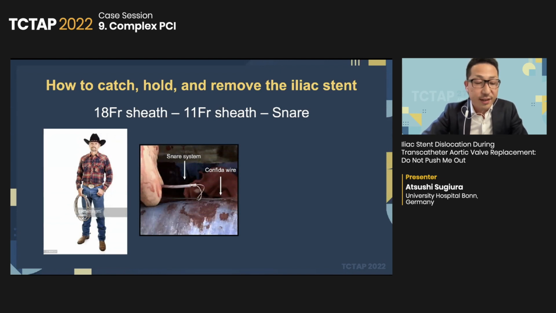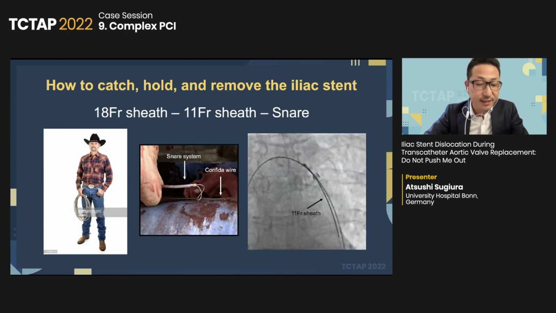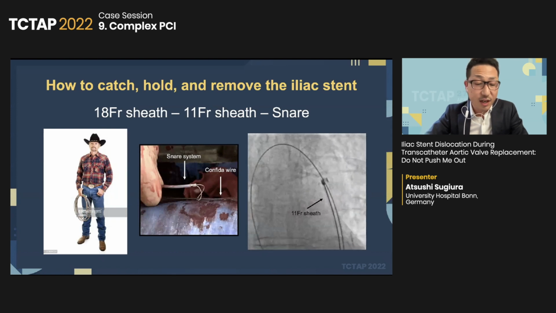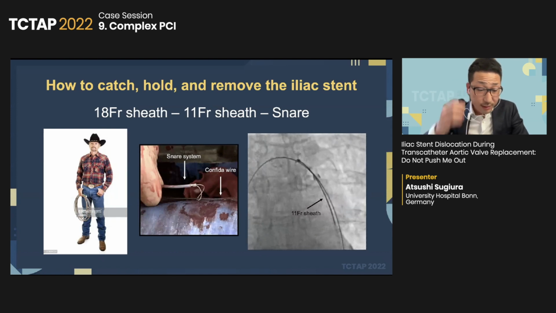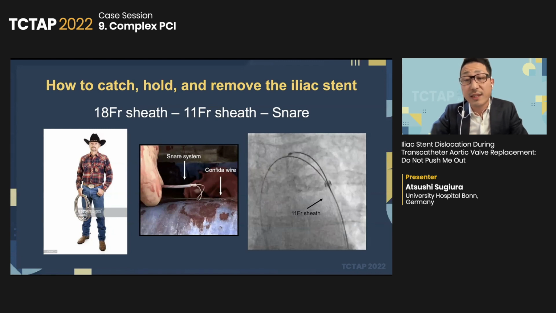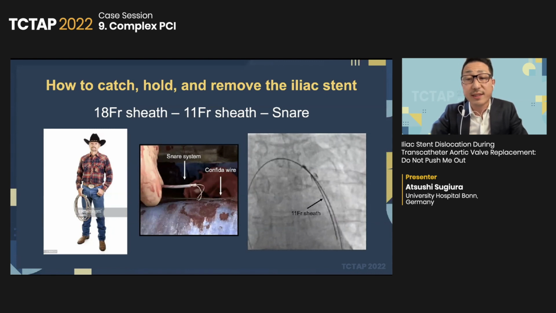And we delivered a snare system around the Confida wire on which the iliac stent was located. And we were able to catch the distal part of the stent, but failed to take it back into the 11 French sheath, because the snare got detached from its catheter shaft while pulling the system back.